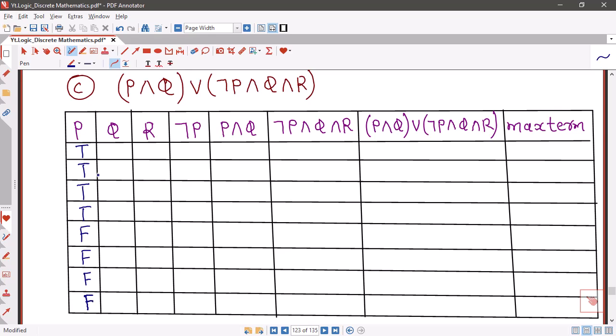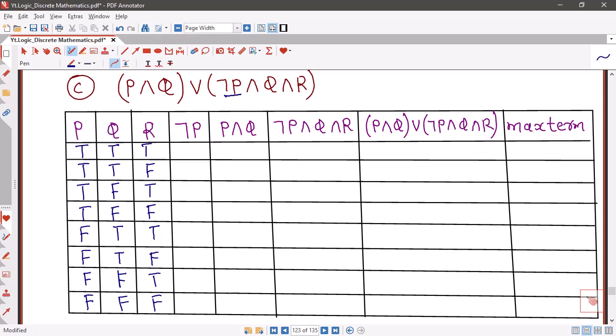P is true four times, then false four times; q is true two times and false two times; and r is alternately true and false. We have explained in earlier lectures of this series how we write all these possible truth values for these three variables.